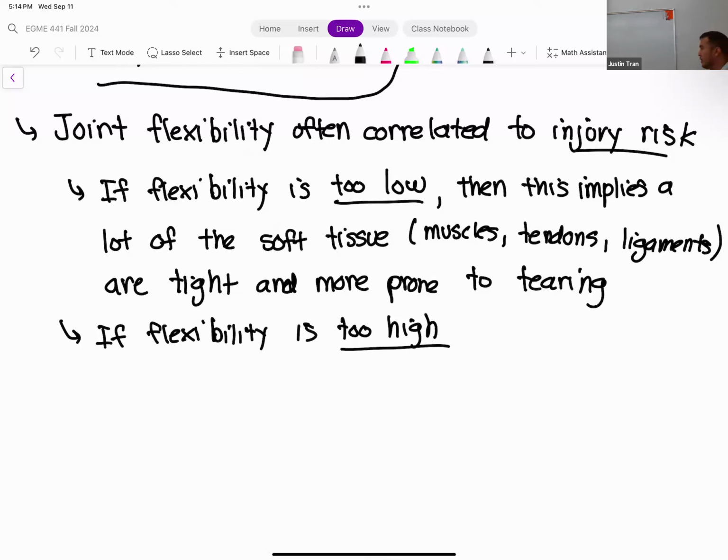And on the other side of the spectrum, if your flexibility is too high, what that means is that your body is capable of motions or range of motion that will put you more at risk for dislocations.